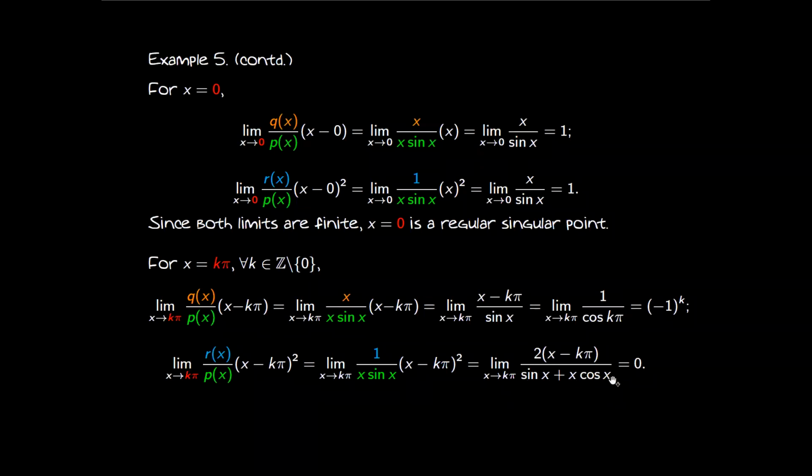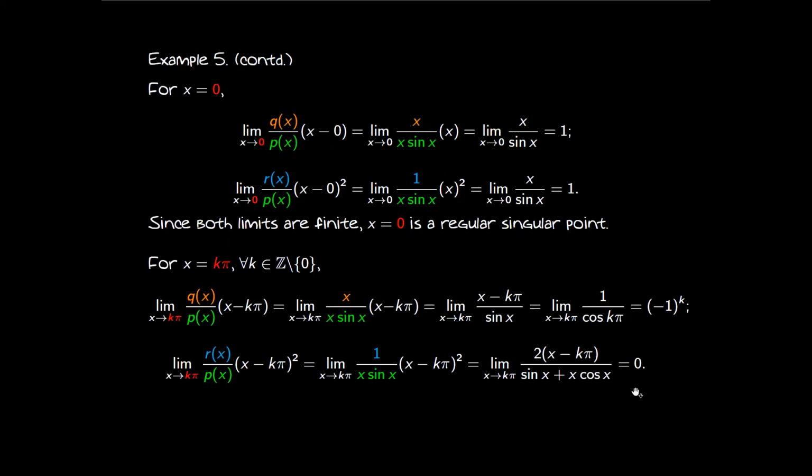And for this case, we understand when you put x equal to k pi in, the sine part is going to be 0, but the cosine part is not 0, and x is not 0 either. So the denominator is non-zero, but the numerator is going to be 0, right? So 0 over something non-zero, you're going to get 0.